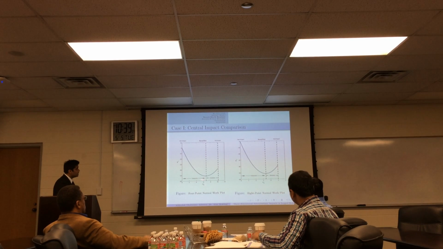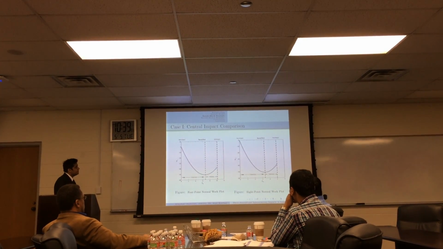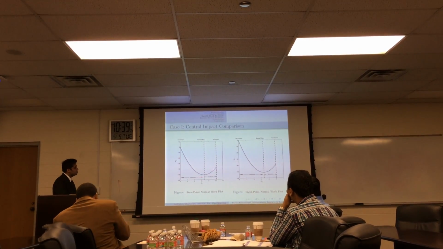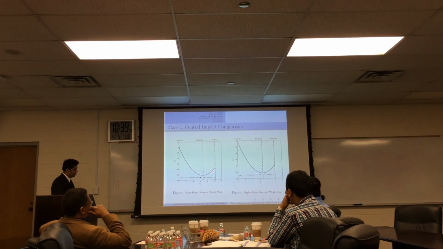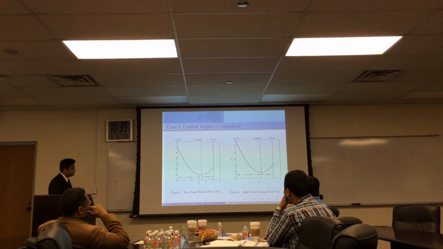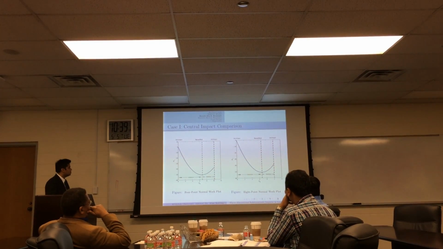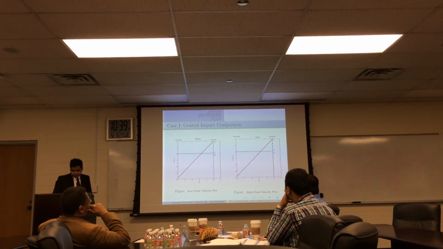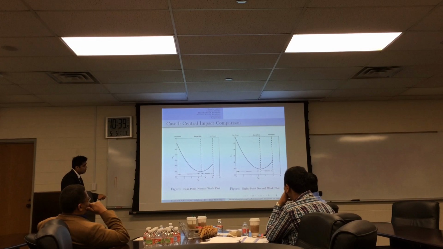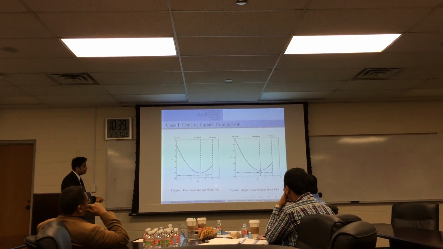Then again we look at the normal work. The end of restitution work is about -40, and over there also it's about -40. But also note the impulses in both cases: this is 5 and this is 10.